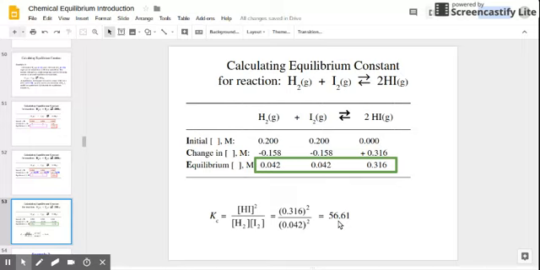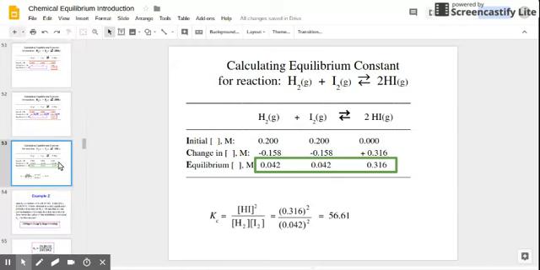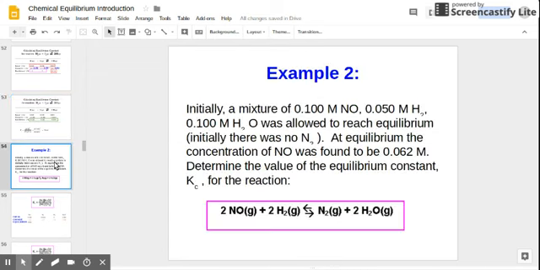So this is the shortcut on how you can get the changes in the amount so you can get the correct equilibrium concentration. Okay? Now let me give you example 2. Example 2 gives us a much more complicated chemical reaction. In this case, we're given the mixture in molar units, so this will make it a bit easier.